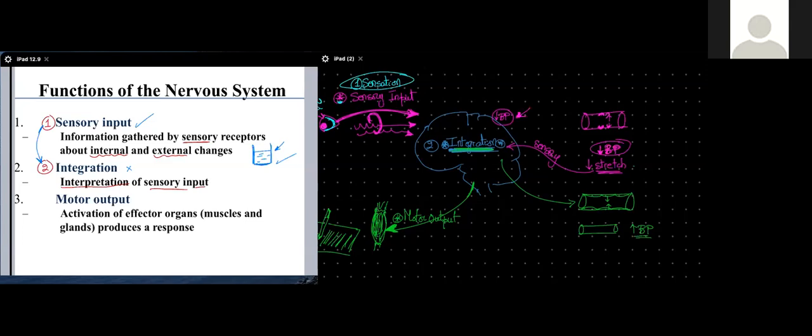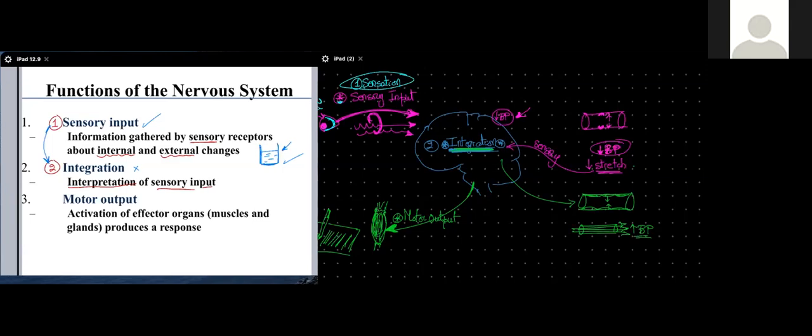So it decides, now I need to respond. How would I respond to a drop in the blood pressure? Sending out motor impulses to whom? To the smooth muscles of the blood vessel for them to contract, constricting the blood vessels, and this will be increasing the blood pressure to normal. Easy, easy.